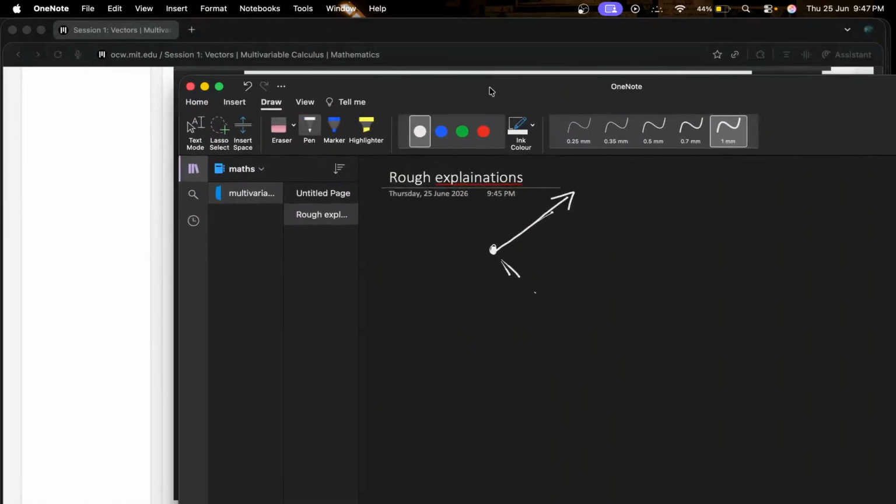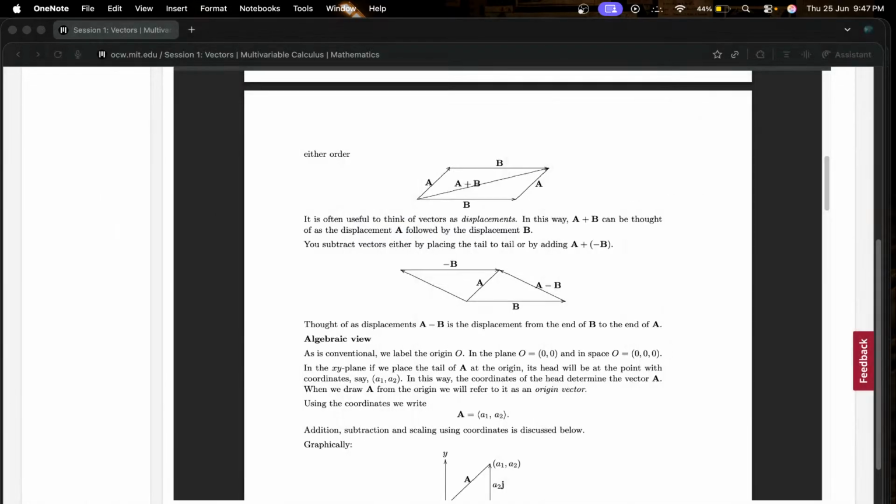Okay, I'm trying to do it in a pen tab, so I will just do it here. Yeah, it's working there, but not here. Okay, it's fine.